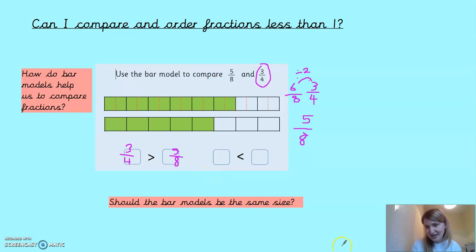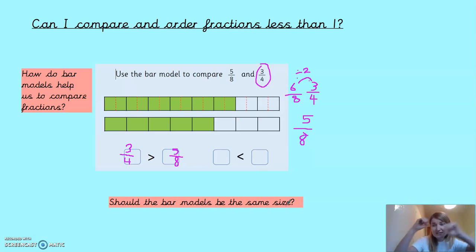So actually, when it comes to this, your bars need to be the same size, okay? Because each bar represents the whole. A whole cut into 8s and a whole cut into quarters, there's no difference in size, is there? It's just the number of parts it's cut into.